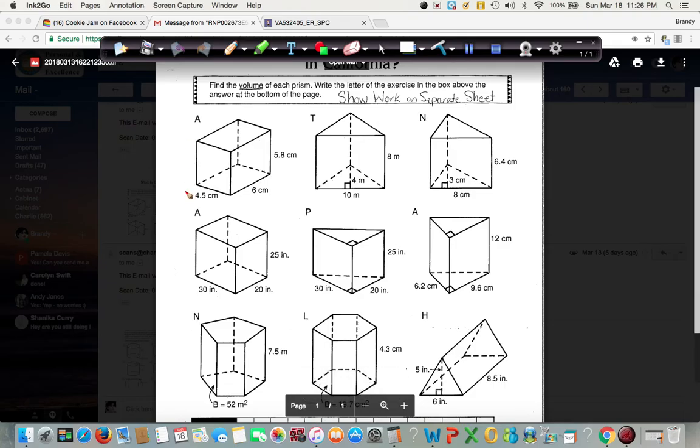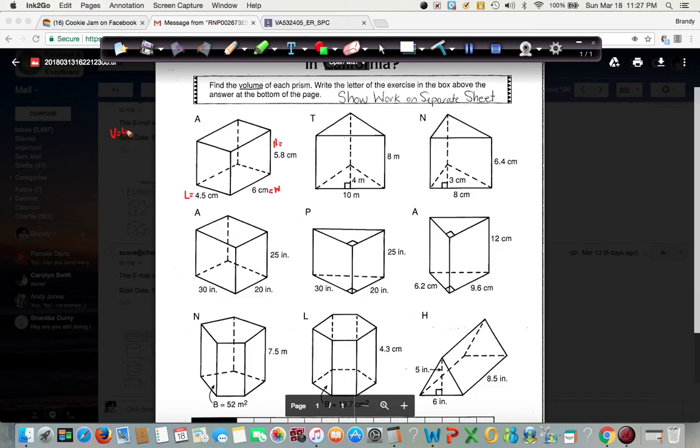So we can make our length 4.5, our width 6, and our height is 5.8. I'm going to do the work over here. To find volume, it's very easy. Volume equals length times width times height.